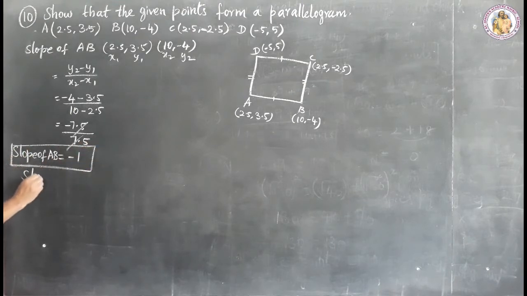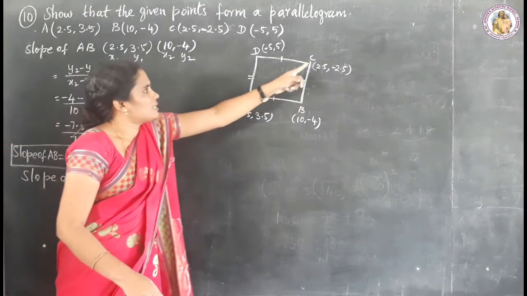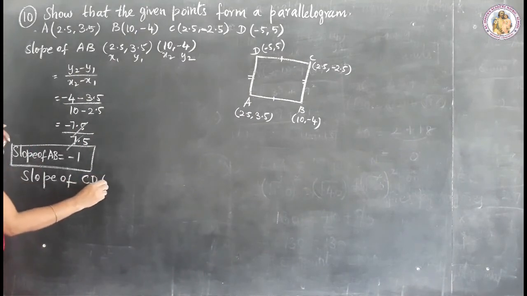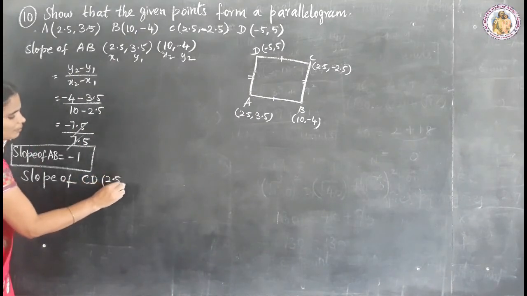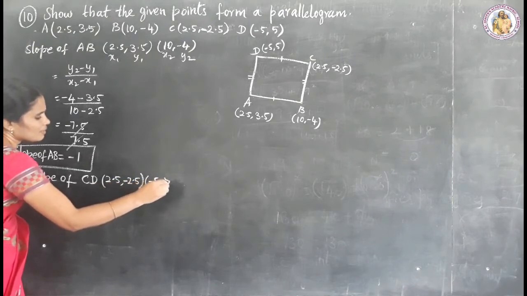Okay, now after AB let us find the slope of CD. Write the points: (2.5, -2.5) and (-5, 5).